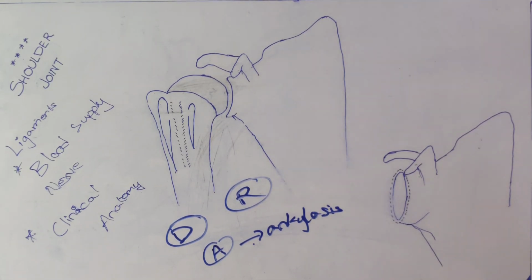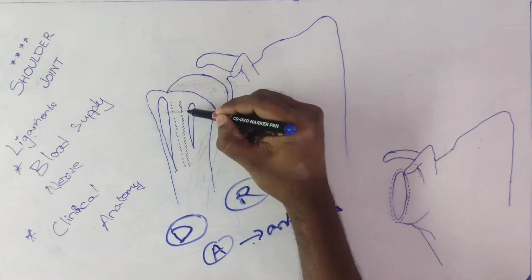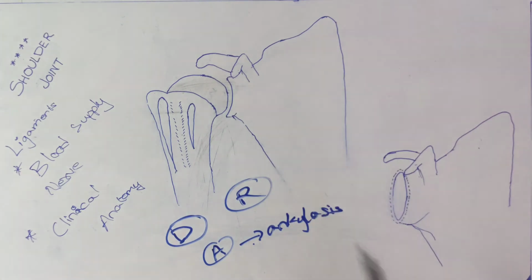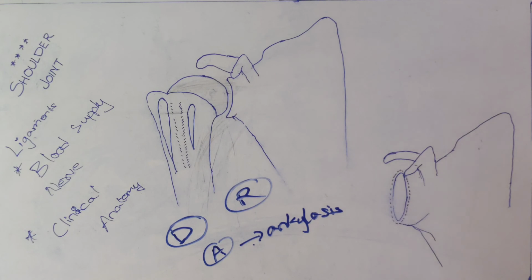For example, if heart pain occurs, we can sense the pain in the shoulder joint. The place of the heart is different from the shoulder joint, but the pain of the heart is felt in the shoulder joint.